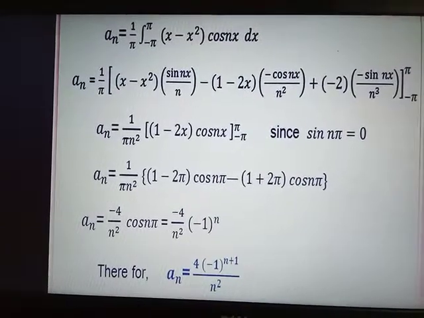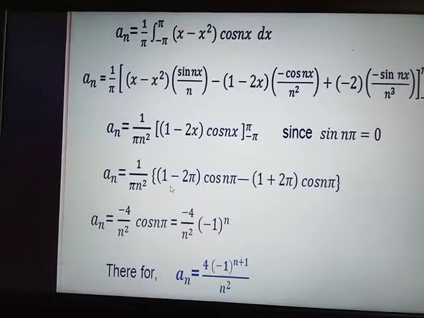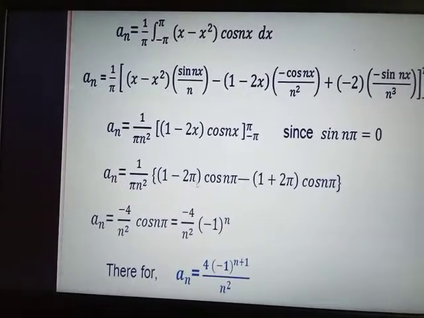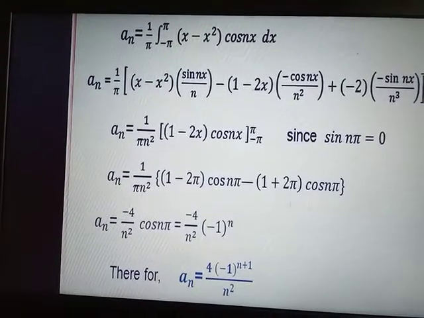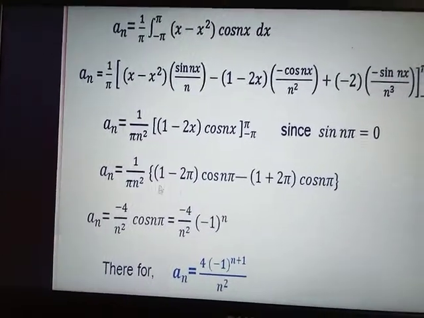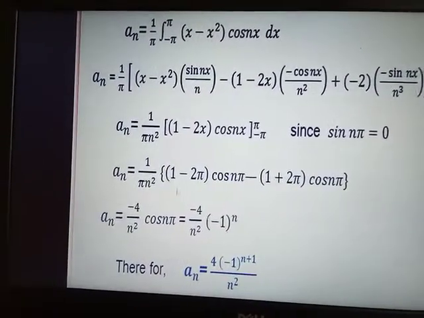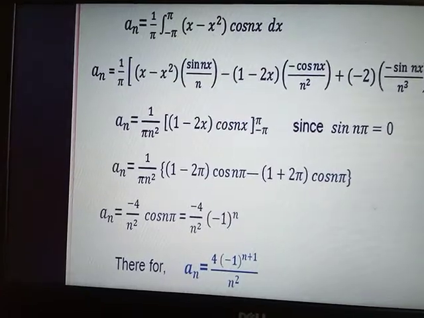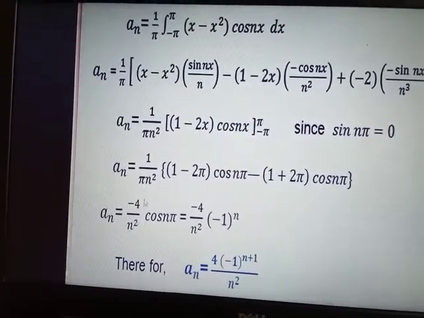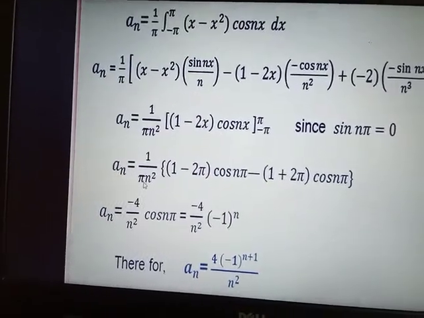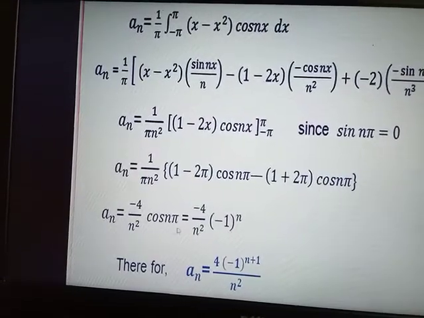Then it is equal to minus 4 by n square into cos n pi, because when you split this term, cos n pi minus 2 pi cos n pi minus cos n pi plus 2 pi cos n pi you will get, then plus cos n pi minus cos n pi get cancelled, you get 4 pi cos n pi, and then that pi and this denominator pi get cancelled each other, you get only minus 4 by n square into cos n pi.